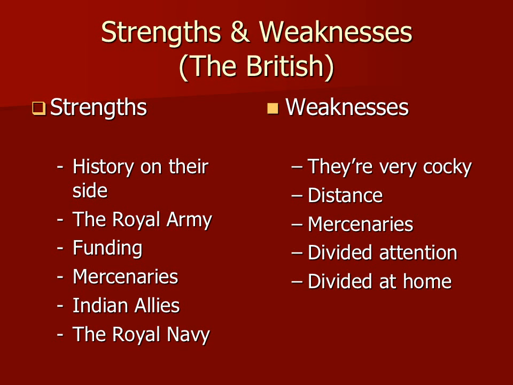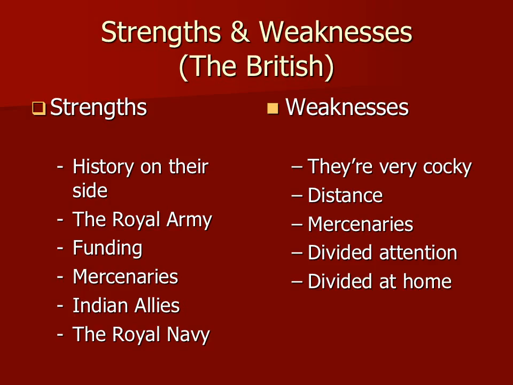The third, and perhaps one of the biggest strengths that the British have in this conflict, was funding of the war effort. The British Parliament will have a much easier time raising the necessary money needed to wage this war, much easier than especially the colonials will.